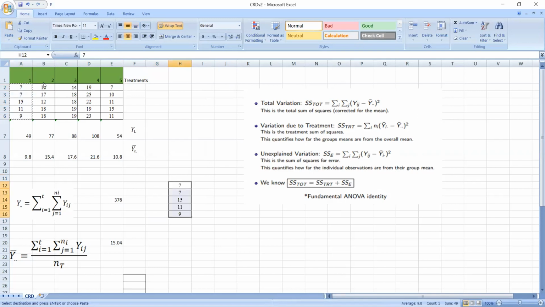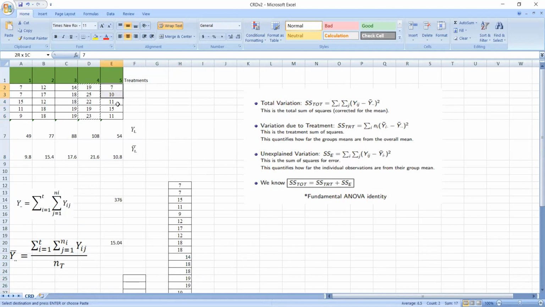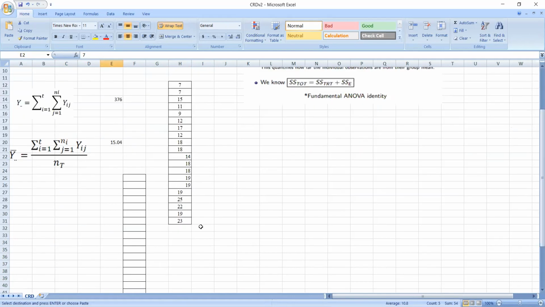I'm going to paste it here, and all the observations under treatment 2, I'm going to paste it here, and treatment 3, paste it here, and treatment 4, paste it here, and finally we have all the observations under treatment 5, and then I'm going to paste it here. So altogether we have 25 observations.